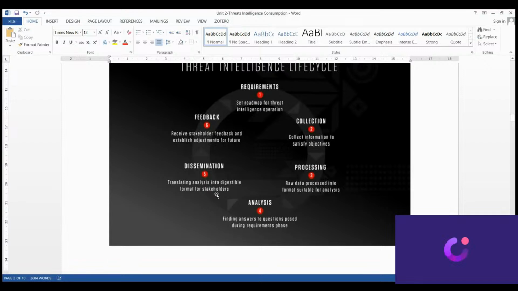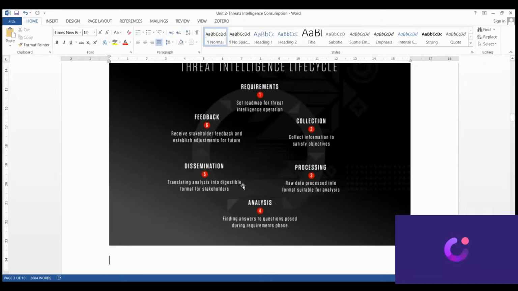Then you conduct the actual analysis, where you find the answers to questions posed during requirement specifications. In short, you are trying to measure the objectives that you had set in step two.